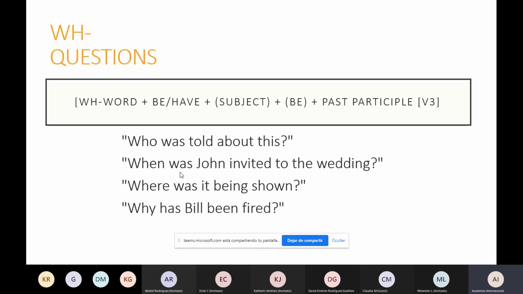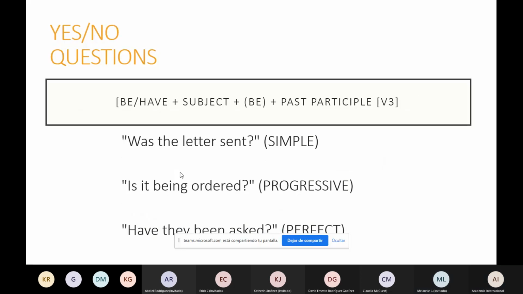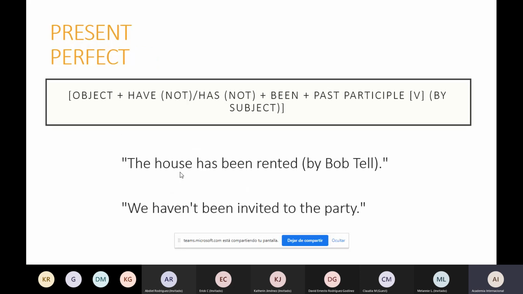Okay. Any other question? Yo tengo una duda. Era la lámina que estaba antes del present perfect, creo. That one. Antes de esa.